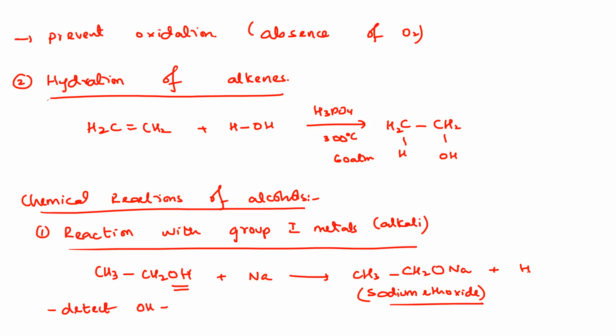Now we don't write hydrogen in atomic form, so for that purpose we'll write it this way. Let's say I'm having a diol. A diol would be something like this, and I reacted it with sodium in excess amount. So what do I have? Any suggestion?